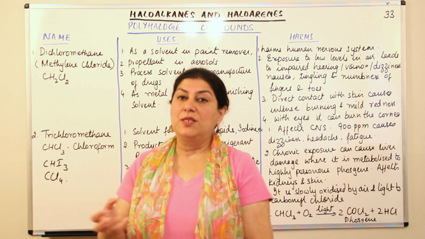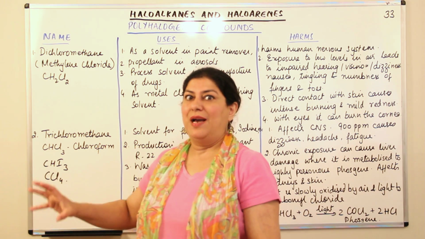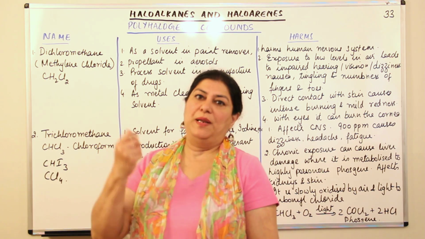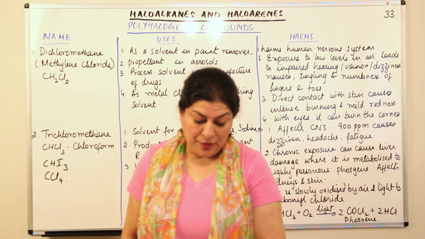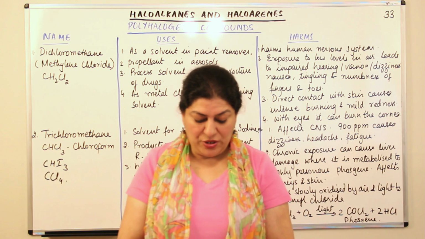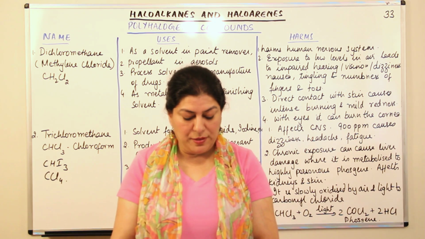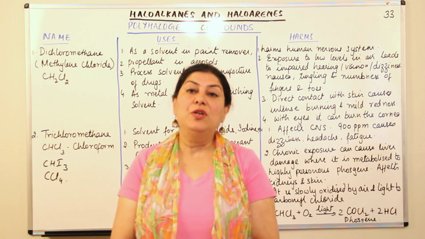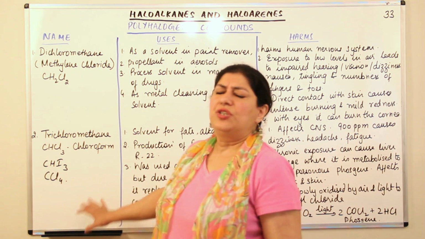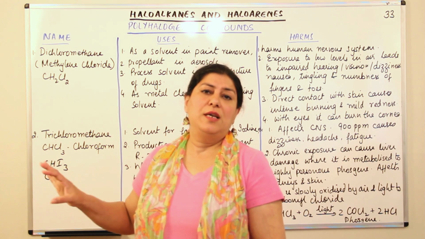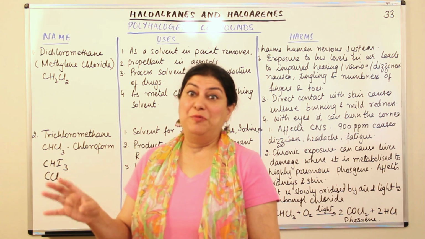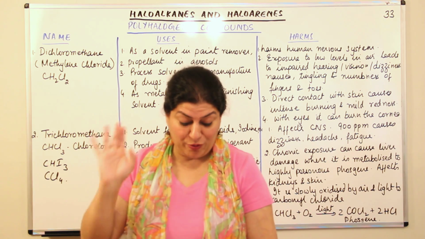So since carbon tetrachloride has the maximum chlorine, it would make a very good raw material for a hydrocarbon to supply the chlorines. So it is used as the feedstock in the synthesis of chlorofluorocarbons and other chemicals, pharmaceutical manufacturing, and general solvent use. Now, if you do not remember any use of these, one use is that they are all used as solvents. So that is something that you can just write if you were asked about it.